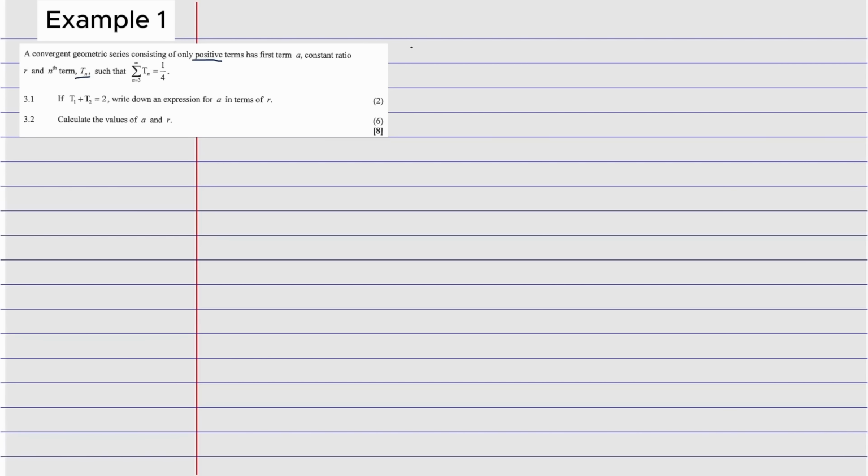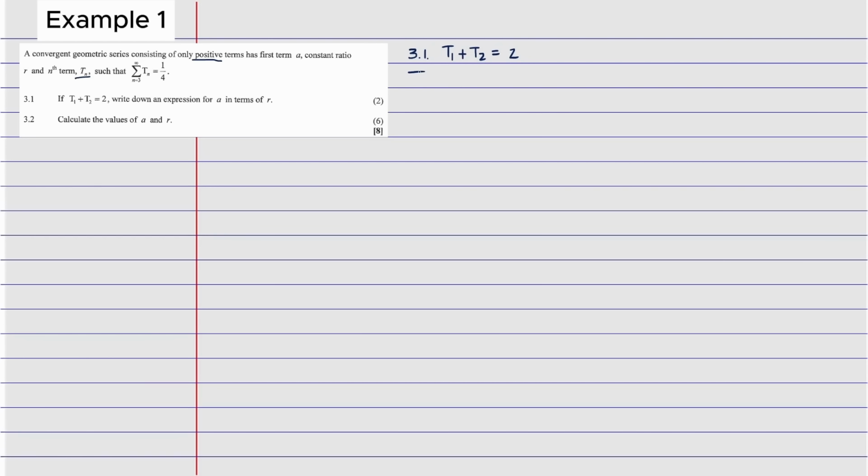Then it says 3.1: if T1 plus T2 is equal to 2, write down the expression in terms of a and r. So we're given that T1 plus T2 is equal to 2, and we need to write this expression in terms of a and r.